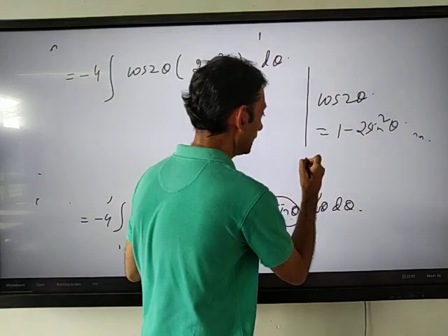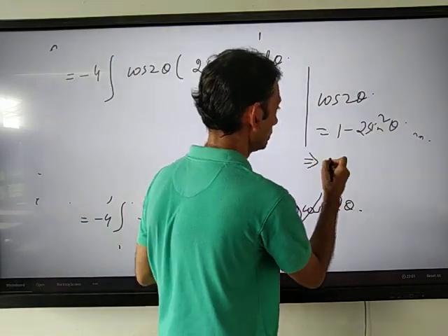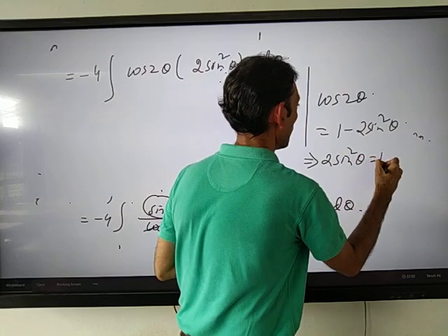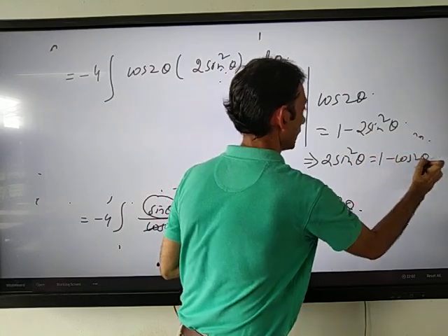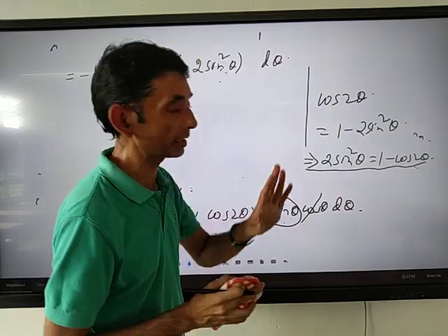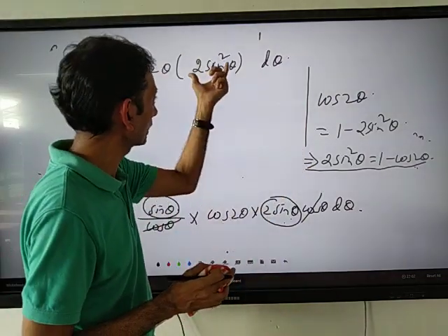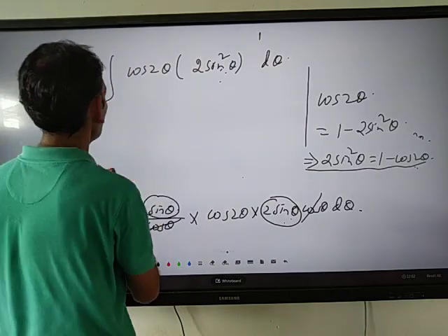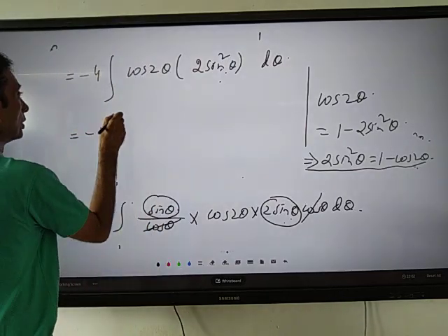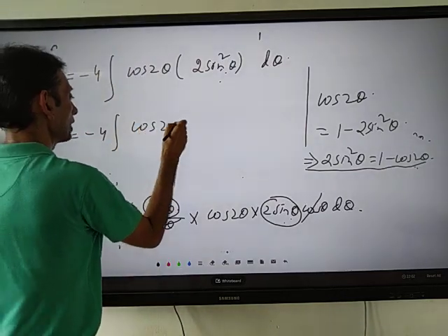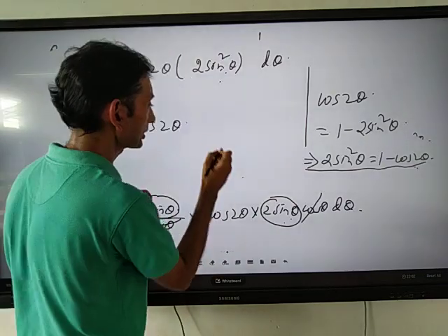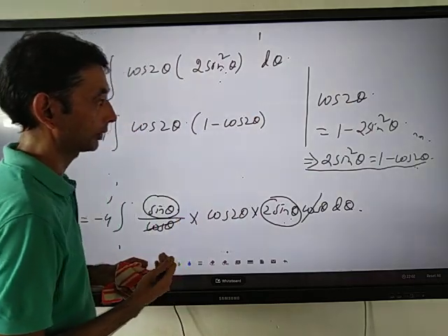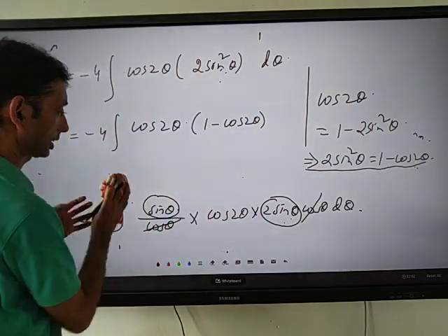So 2 sine square theta is 1 minus cos 2 theta. That's the logic, why we are writing the 2 sine square theta form. So this is minus 4 cos 2 theta, and 2 sine square theta is 1 minus cos 2 theta.